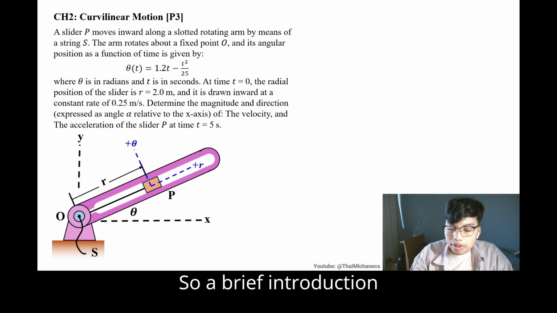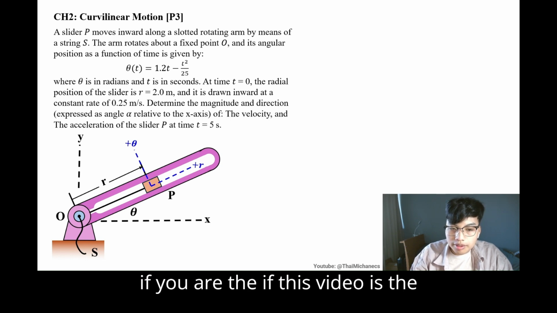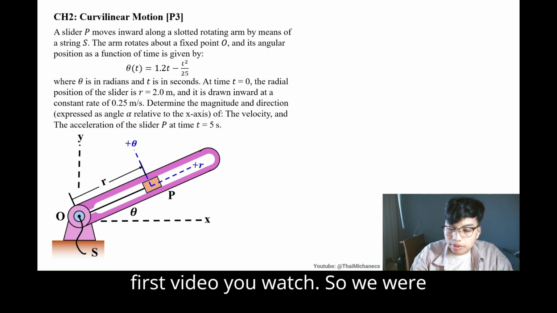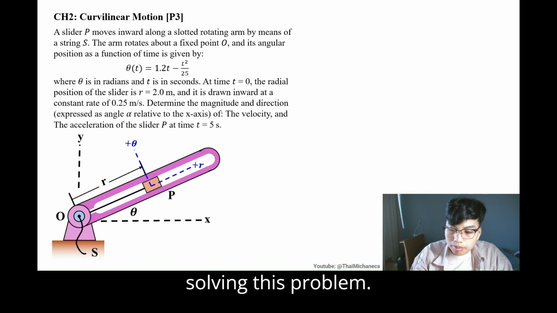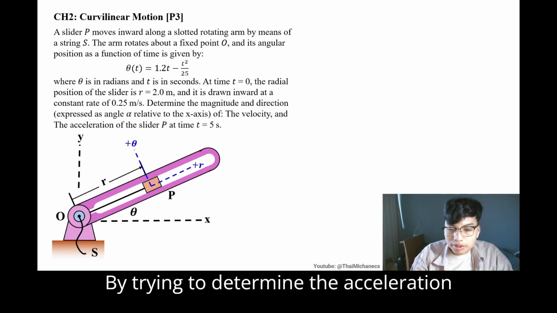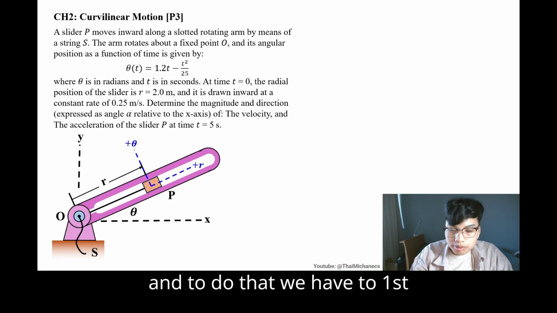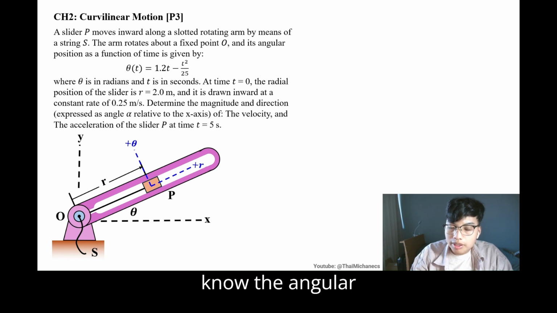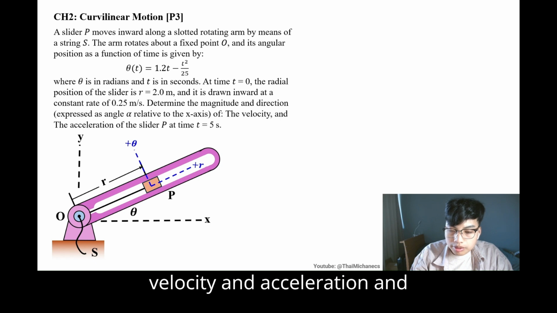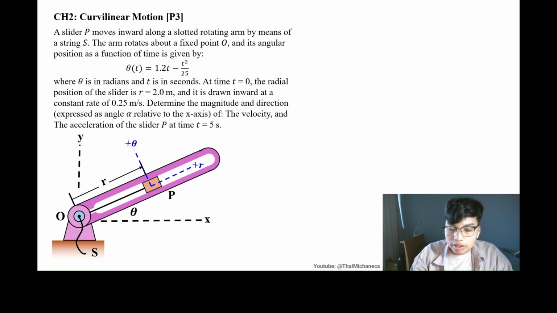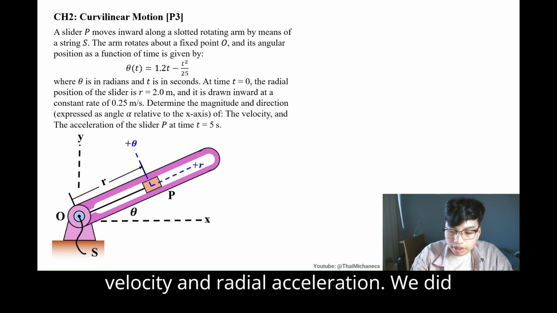So a brief introduction if this is the first video you watch. We were solving this problem by trying to determine the acceleration vector and velocity vector, and to do that we have to first know the angular velocity and acceleration and the radial velocity and radial acceleration.